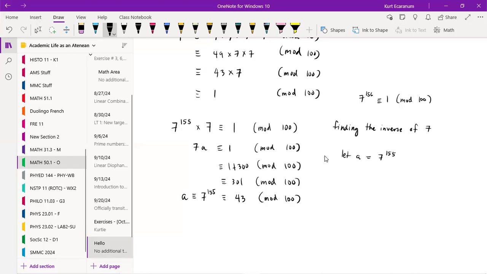Kasi as we get back A as 43 nga, di ba? Maaalala natin na 7 to the 155 pala siya. And so, 7 to the 155 is 43 mod 100, and therefore, the last two digits is 43.